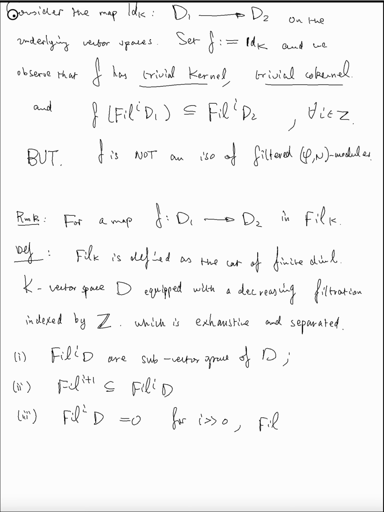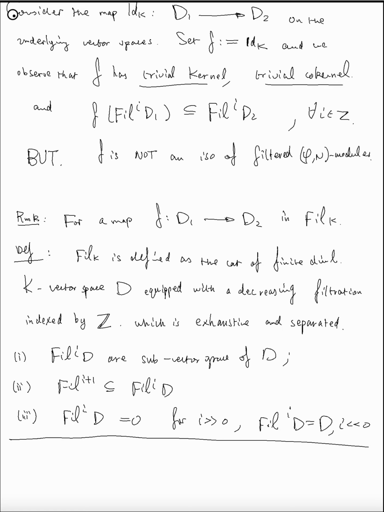In particular, this tells you the intersection will be 0, so separated, and the union would be D, so exhaustive, because we require this to be D when i is small enough.